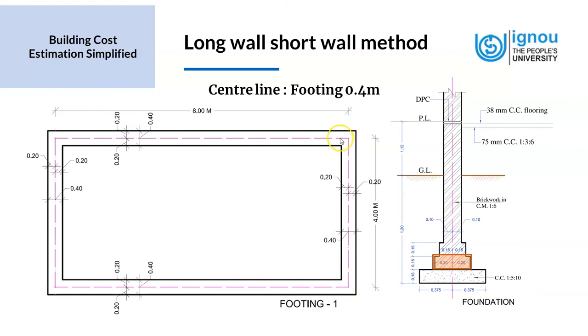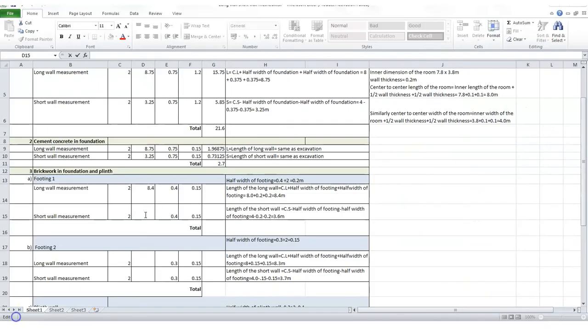So this becomes 4 meters minus 0.2 meters minus 0.2 meters, which is 3.8 meters, and minus 0.2 would be 3.6 meters. So the short wall measurement in the case of the footing is 3.6 meters. Let's go back and write that in our measurement sheet. So we put the value as 3.6 meters.